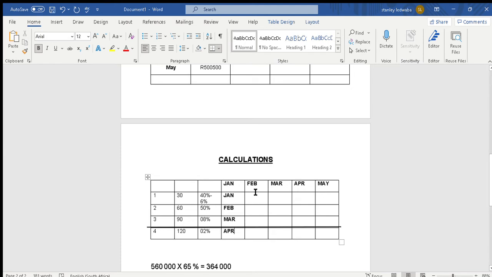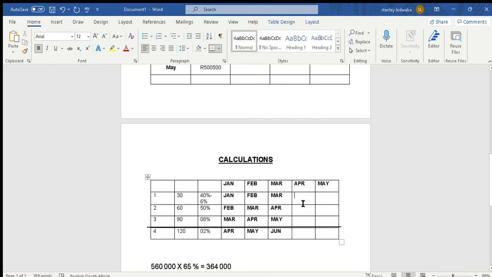Then if they bought on credit in February, it's going to be February, March, April, and May will be written off. Then if it's March, it's going to be March, April, May. Then June is written off.